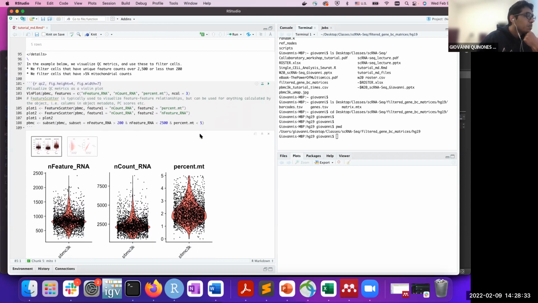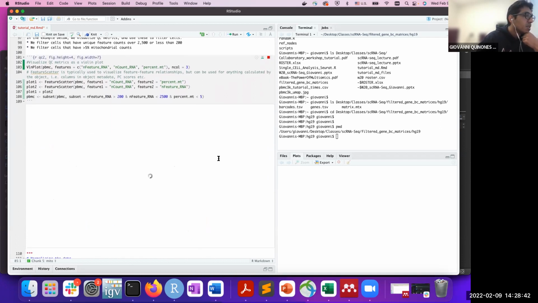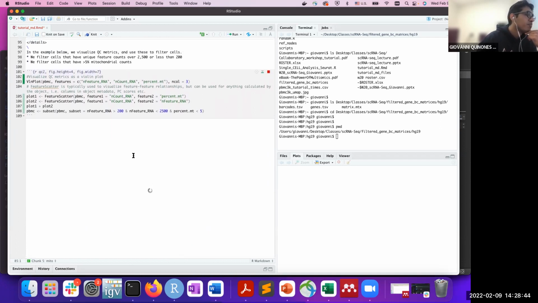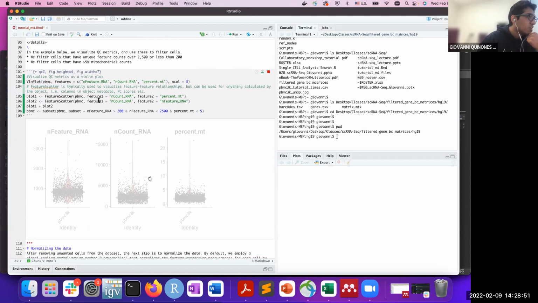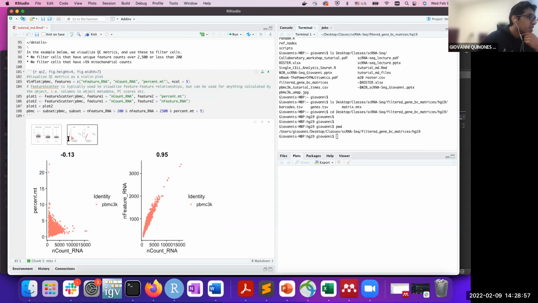And we can go ahead and run the next cell around line 101. This is going to generate, I believe, two plots, and you can click on them to view them.